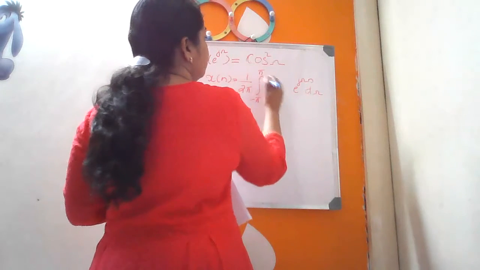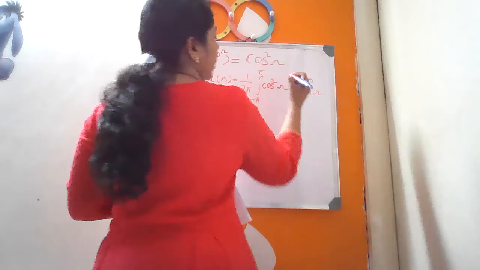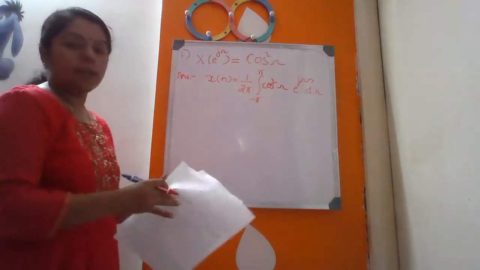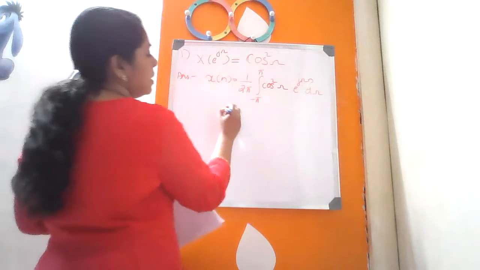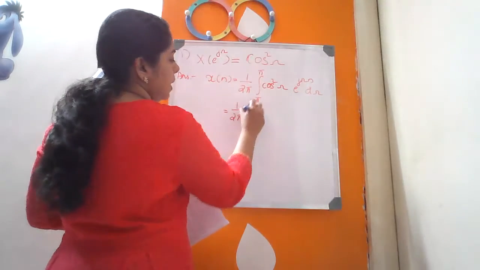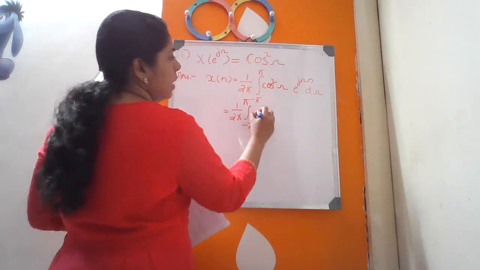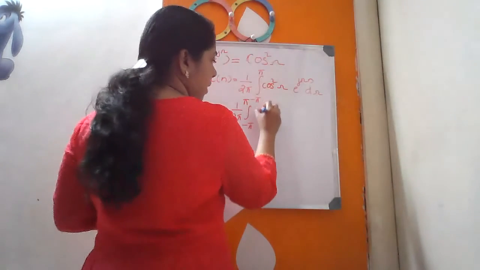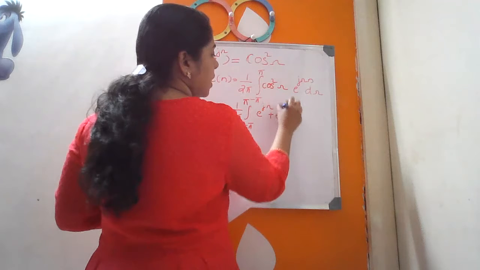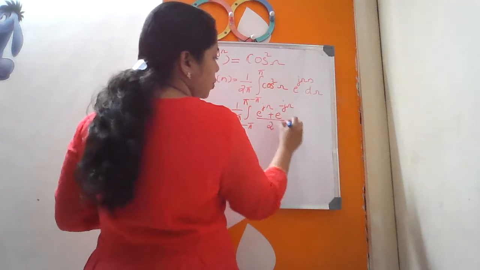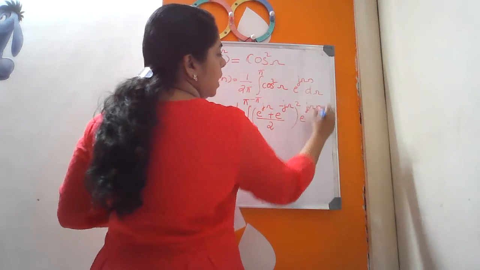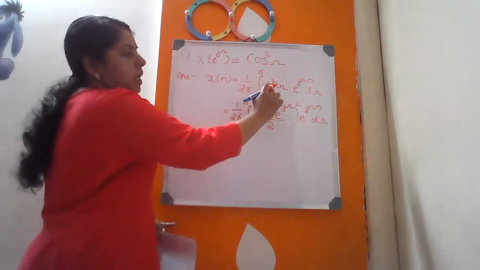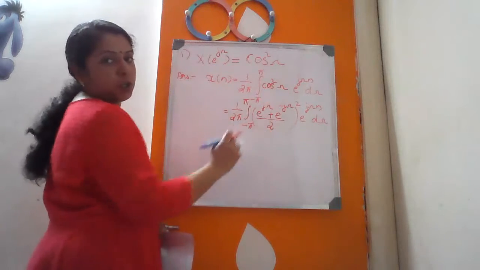This equation will become 1 by 2 pi integral from minus pi to pi of e power j omega plus e power minus j omega by 2, the whole square, then e power j omega n d omega. So instead of cos square omega, I substituted this.